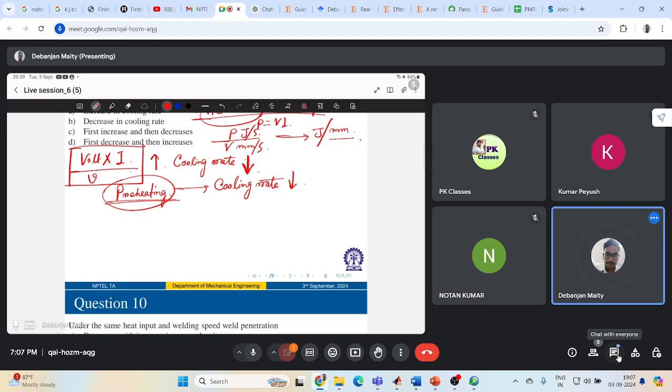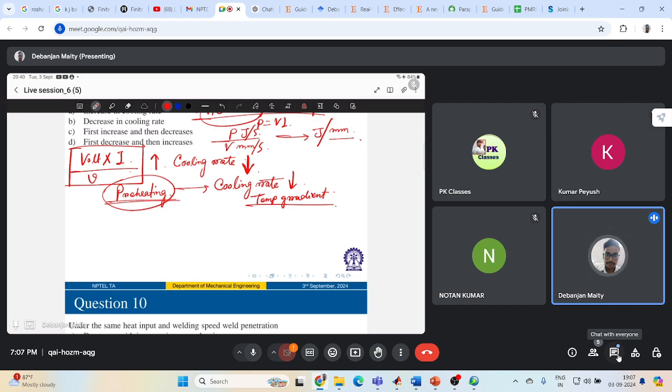Any guess? Cooling rate will depend on what? Cooling rate will depend on my temperature gradient, right? Yes, heat transfer, exactly. So heat transfer or heat conduction. If your temperature gradient is much higher, your cooling rate will be much higher.